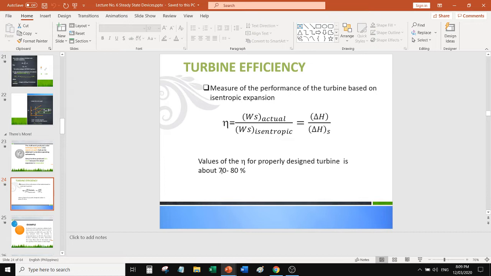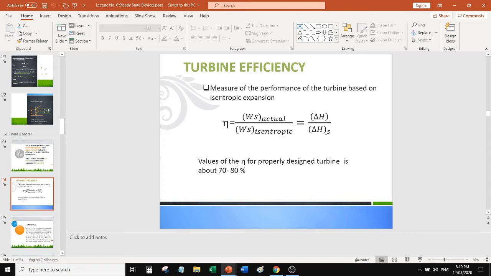So we rate turbines according to their efficiency. We compare the actual work of the turbine with its isentropic work. The equation for the efficiency of a turbine is work actual over work isentropic, or since they are equated, delta H actual over delta H isentropic. Question: is it less than 1?